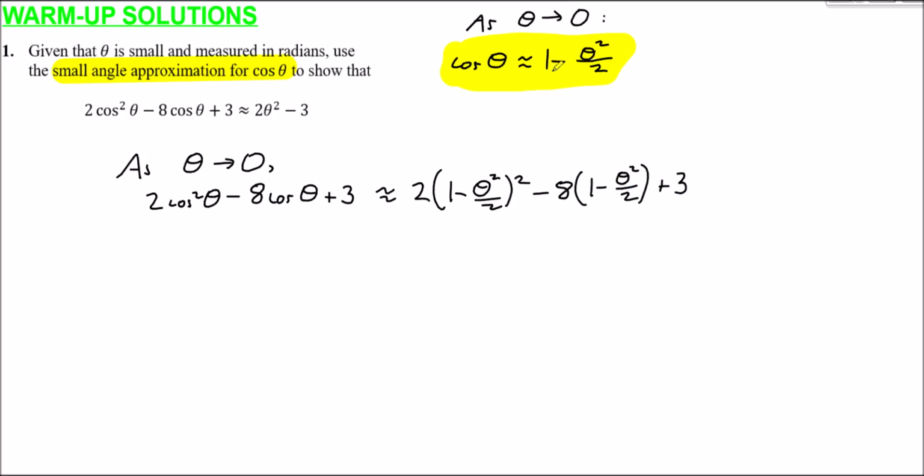So we just substitute in the small angle approximation for cosine theta here. Now if we expand and simplify, we just have to have faith it will drop out as long as you don't make any silly mistakes.